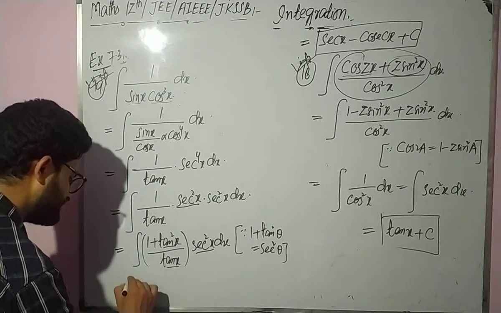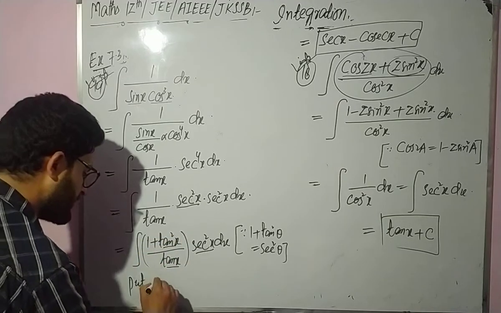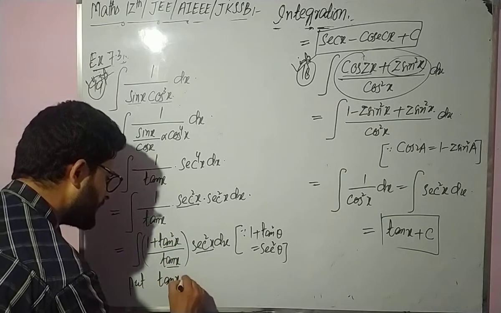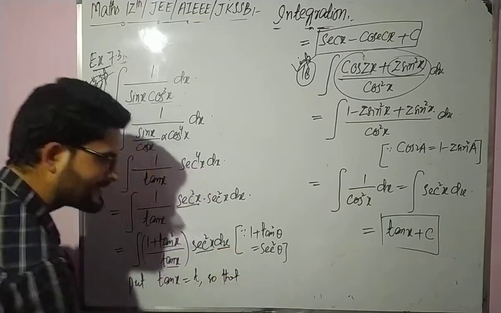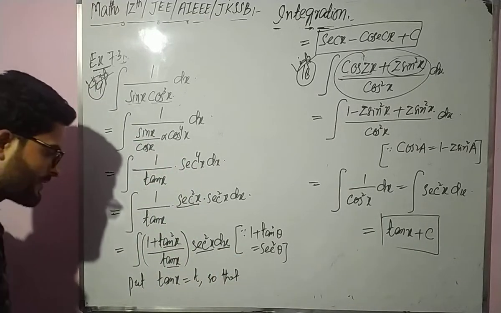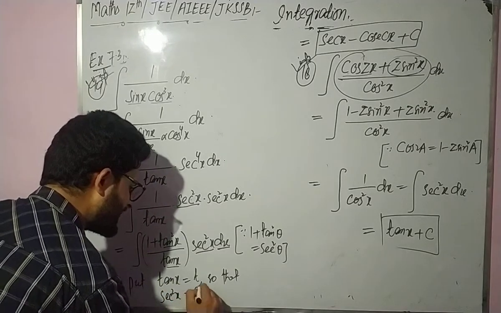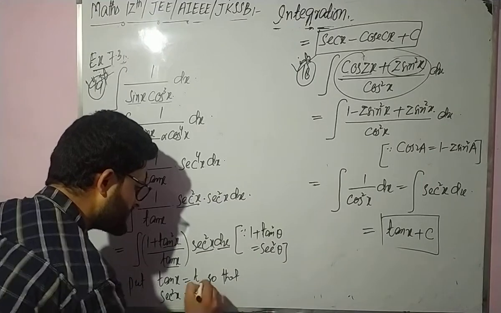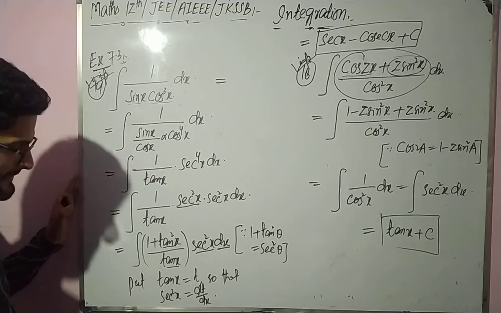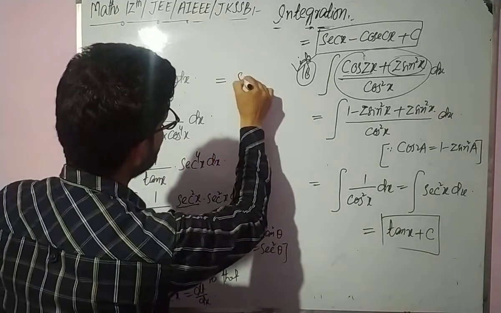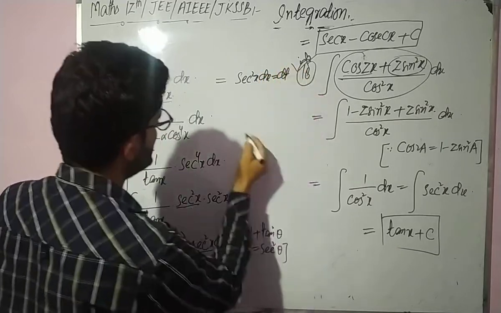So put tan x equal to t, because its derivative is already present in the integrand. We need dx, which means we have to differentiate both sides with respect to x. So the derivative of tan x is sec square x, and that is equal to dt divided by dx. Separating the variables, we get sec square x dx must be equal to dt.